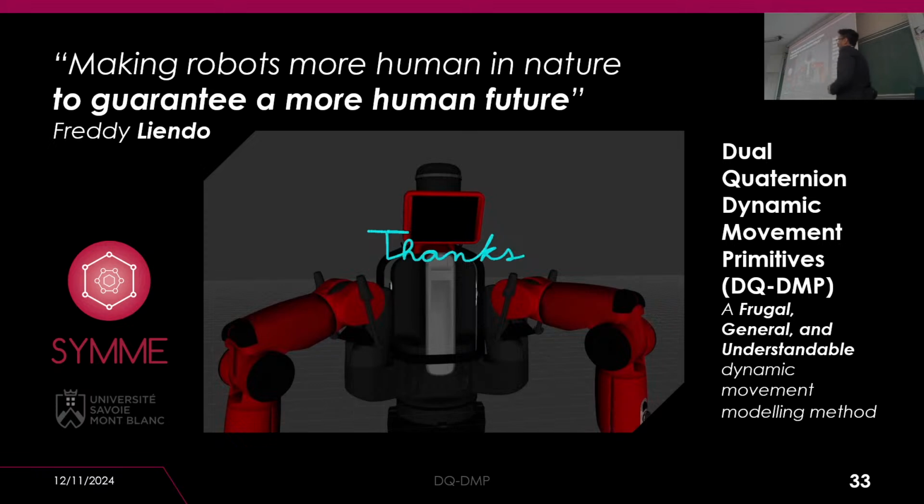Yeah, so it was a very odd choice of mine, I admit it, but because of the strength of the demonstrations over the Baxter robot, which again for me is an icon of the frugality aspect as well. Baxter is not the best or most performant robot in the market.